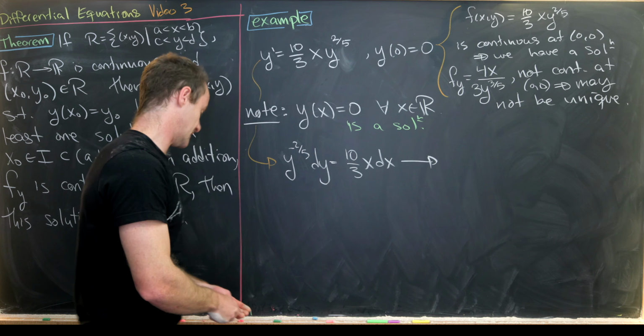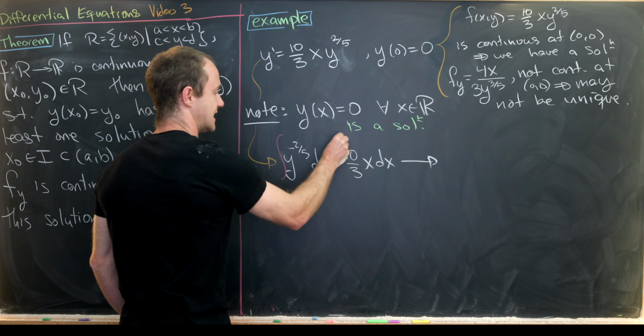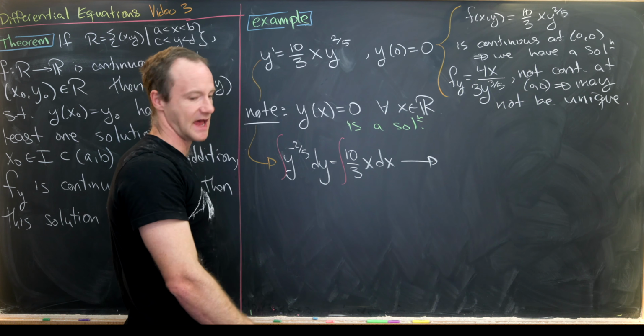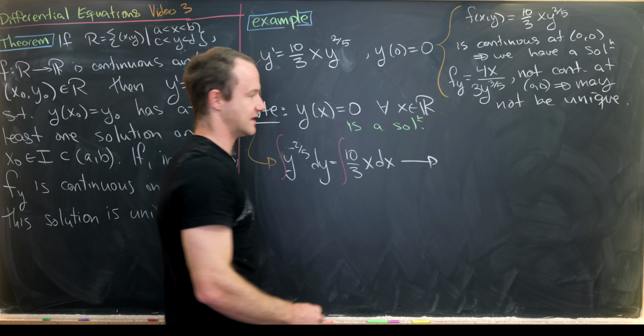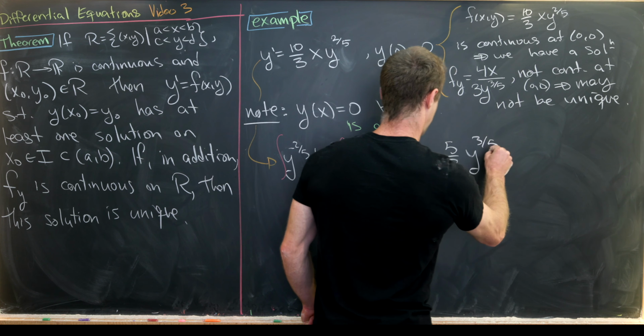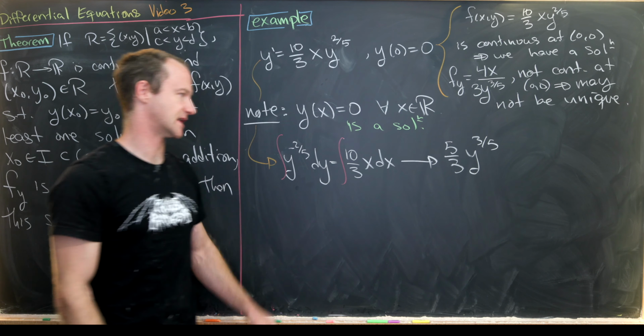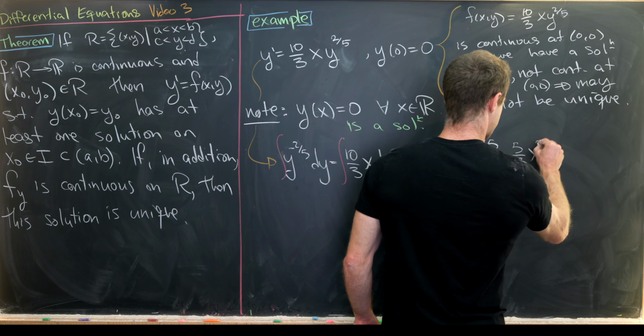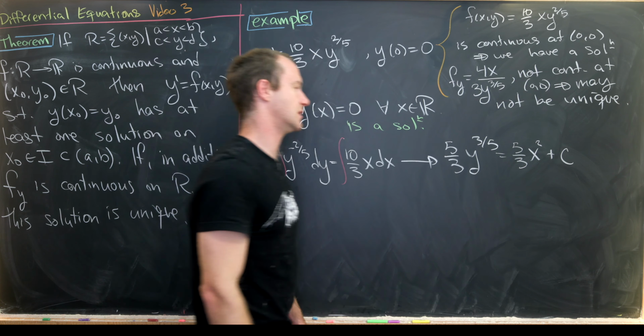Then we can integrate this. So taking the antiderivative of both sides, one with respect to y and one with respect to x, we would get 5/3 y to the 3/5 on the left-hand side, and on the right-hand side, we have 5/3 x squared plus some constant.